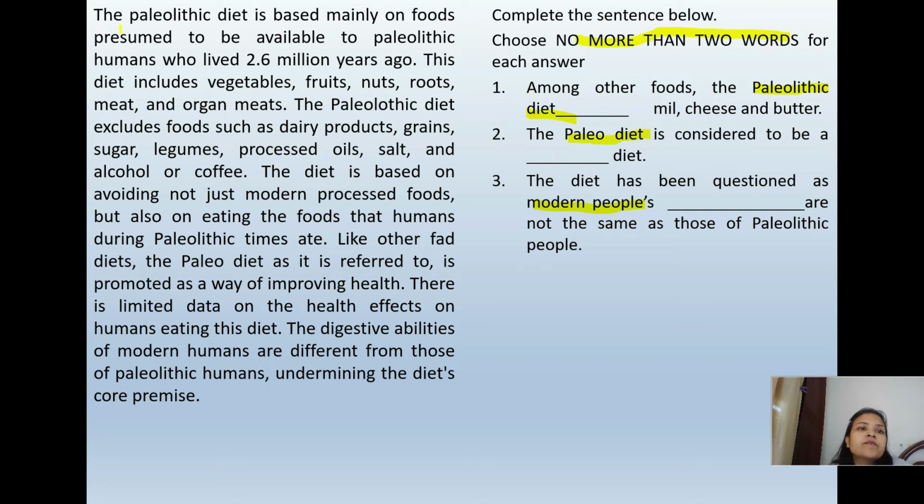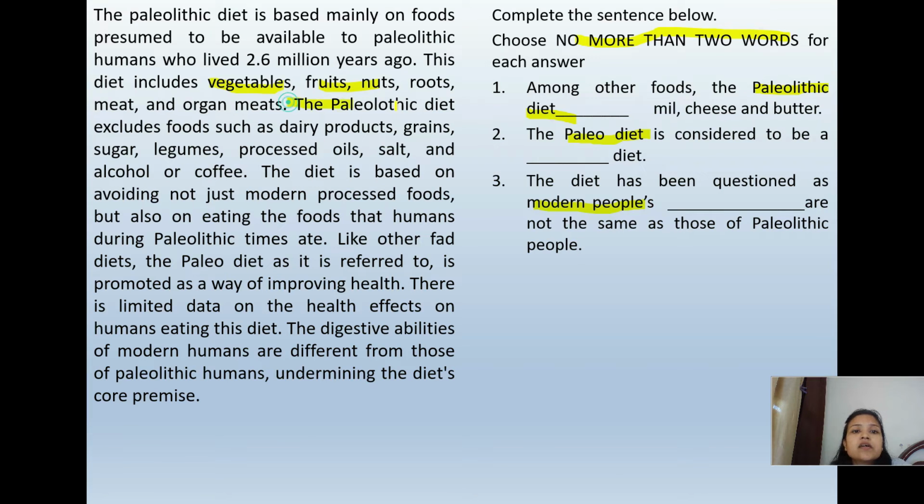So let's read. The Paleolithic diet is based mainly on foods presumed to be available to Paleolithic humans who lived 2.6 million years ago. This diet includes vegetables, fruits, nuts, roots, meat, and organ meats. The Paleolithic diet excludes such foods as dairy products, grain, sugar, legumes, processed oil, salt, alcohol, or coffee.